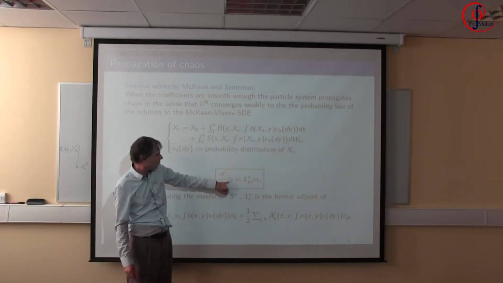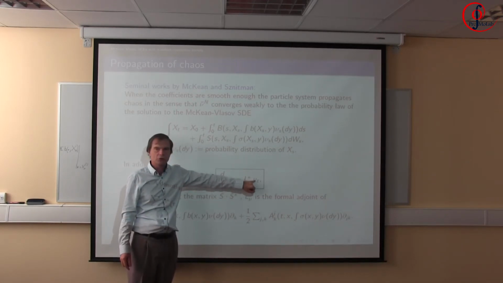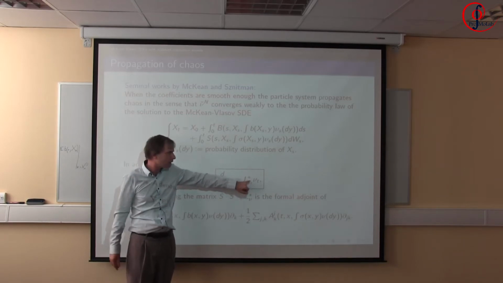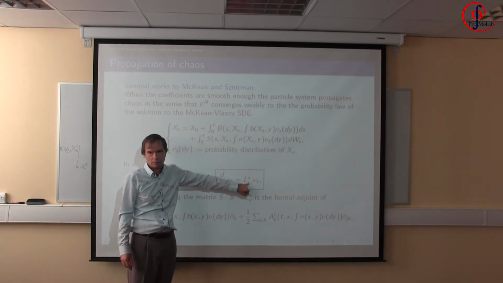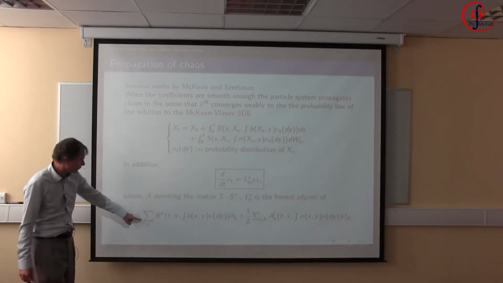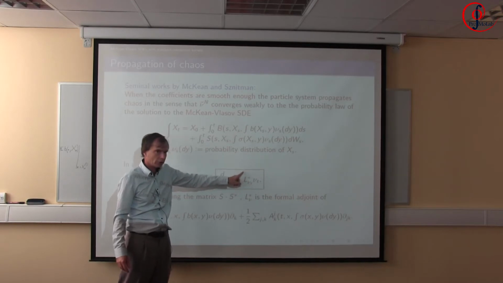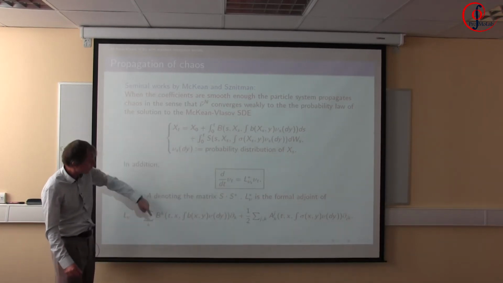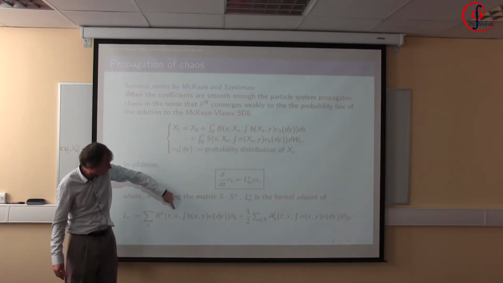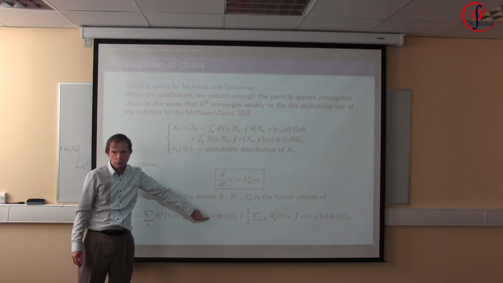So d nu t over dt is equal to L star nu t as before, except that L star now depends also on nu t, because L star is a formal adjoint, as before, of the generator of this process, and the generator of this process has coefficients which depend on the distribution of the process.